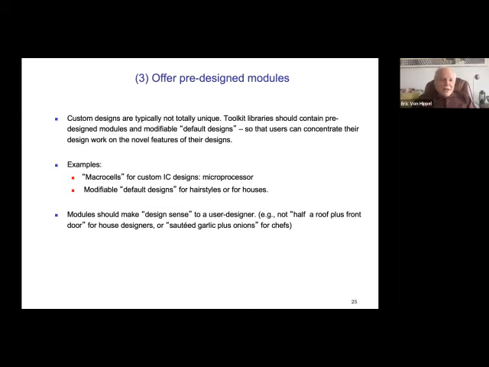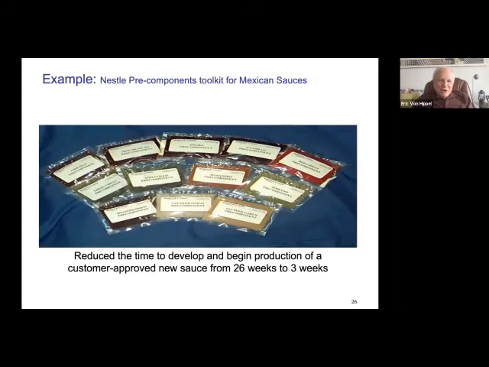Now, the way we found this out, it was really interesting, is we went into the design of, you'd be surprised at this, a pre-component toolkit for Mexican sauces. Companies, so Nestle makes vast amounts of sauces. And you may not know it, but places like Taco Bell and so on have executive chefs.